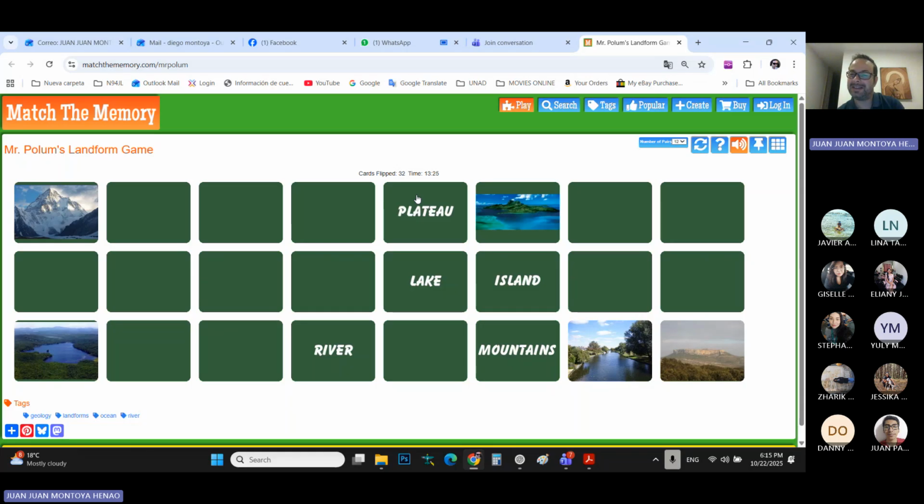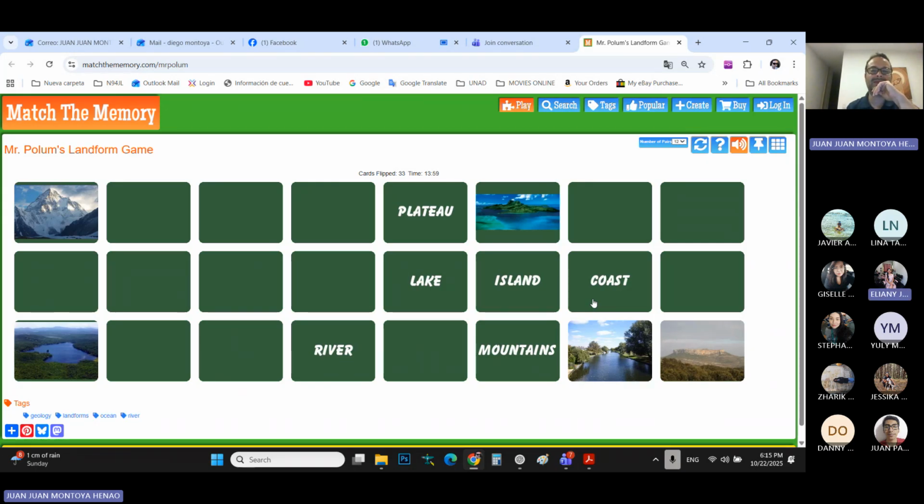Okay, who's next? Who wants to select two more cards? Giselle. Oh, okay. Eliani, go ahead. Column 7, row 2. Coast. I guess we saw a coast somewhere, right?